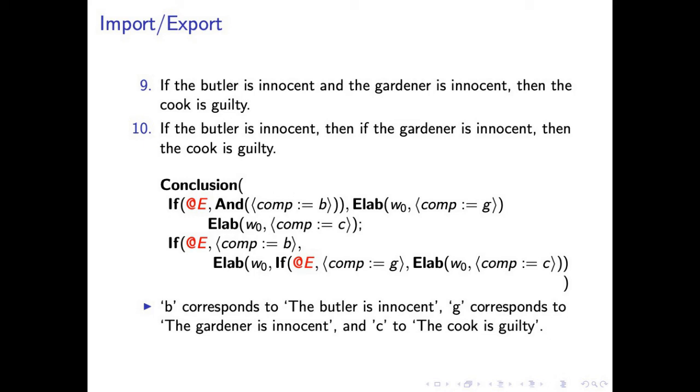The first conditional introduces a possibility relative to the top-rank possibility in which the butler is innocent. Then we further elaborate on that and add that the gardener is innocent as well. Then finally, the consequent elaborates on all that and requires that in all those possibilities, the cook is guilty. Now we take the second conditional. Relative to the prominent body of information, we introduce the information that the butler is innocent.